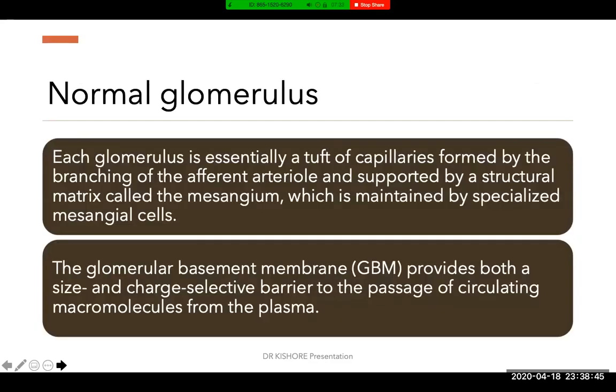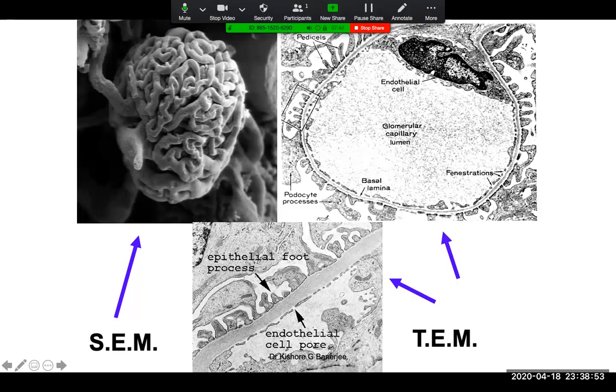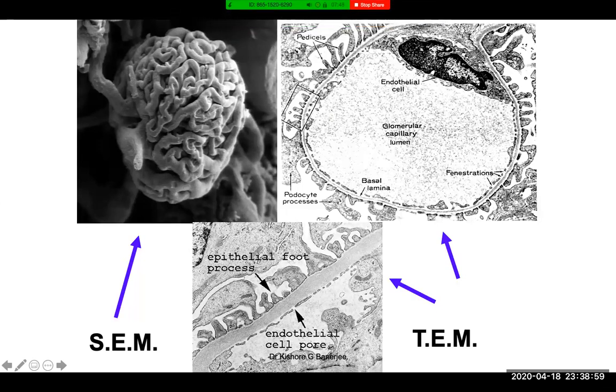These things I already mentioned, and these are some basics you can go through at your leisure. Now, this is the glomerulus, which is nothing but a bunch of capillaries.